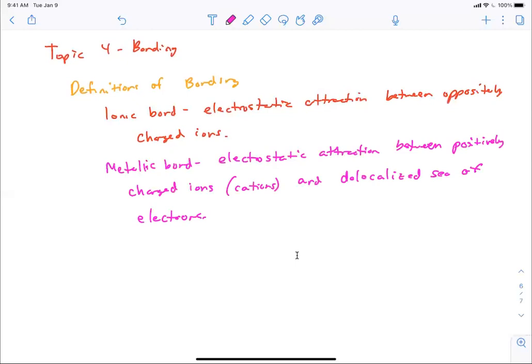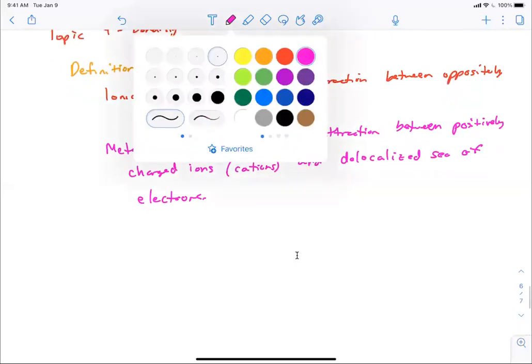Every type of bond is just an electrostatic attraction between two different things. Ionic is oppositely charged ions. For metallic, it's delocalized electrons and positively charged cations, because all the metals gave up their valence electrons to form this delocalized sea of electrons, which holds the metallic bonding all together.